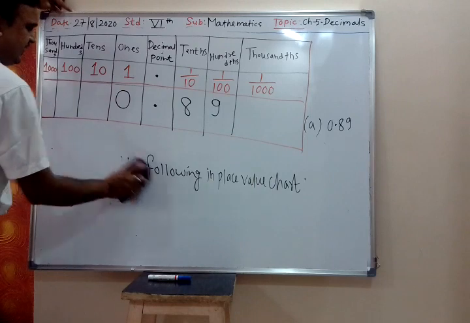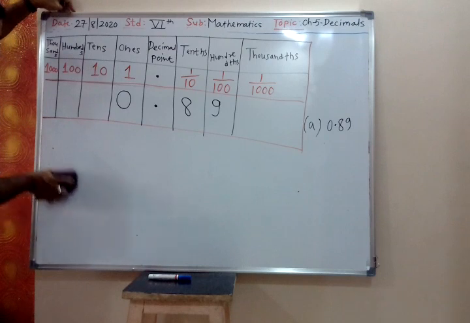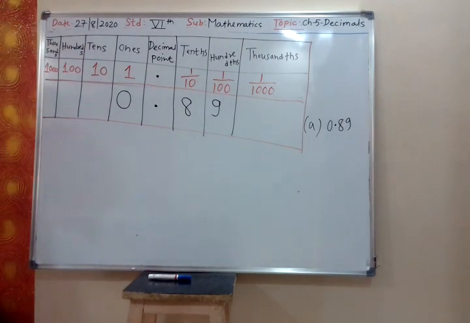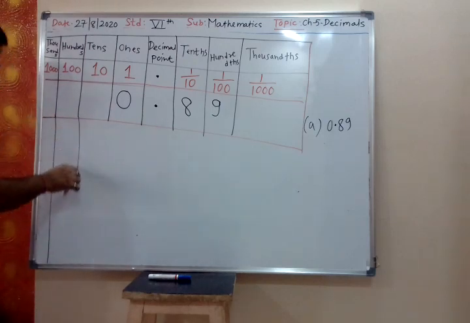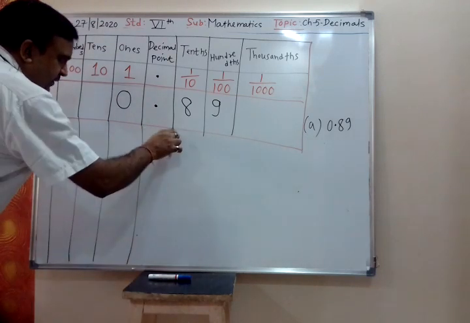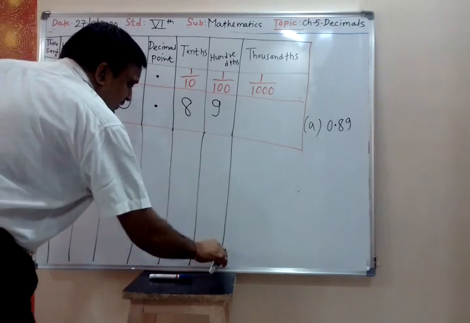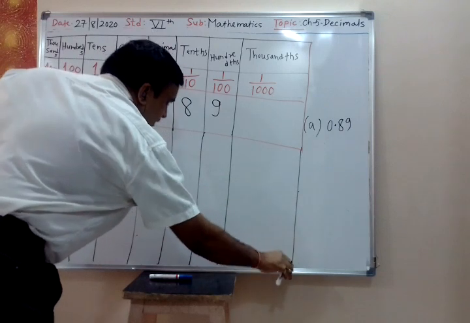In the same place chart I will write the other problems also, because every time we have to draw the chart, that will be a little bit complicated. So I will write all the problems in this only.